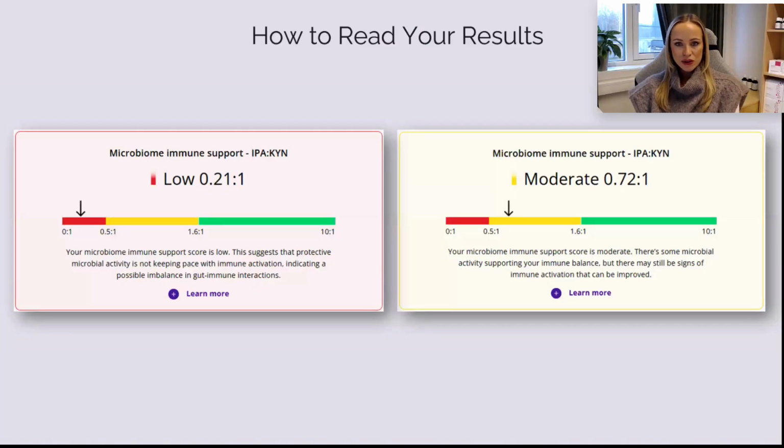But a lower ratio, on the other hand, signals that you have immune-related tryptophan metabolism that is relatively more active than your microbial metabolism. And this is a pattern that is often seen in conditions of immune activation or psychological stress or specifically reduced microbial support.